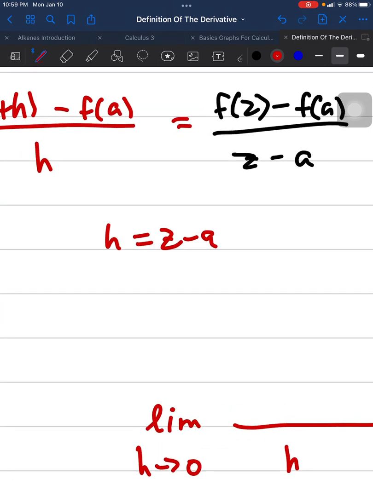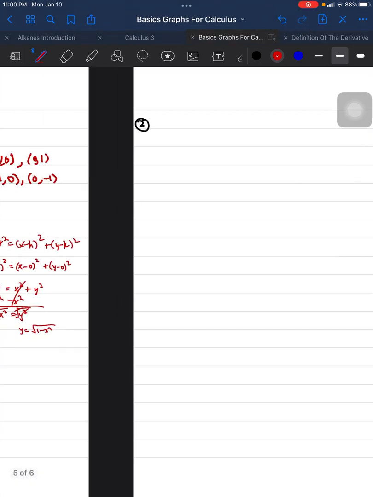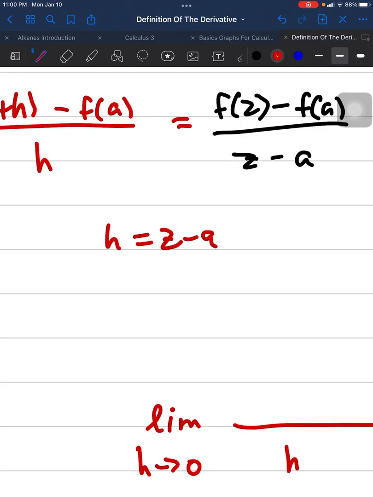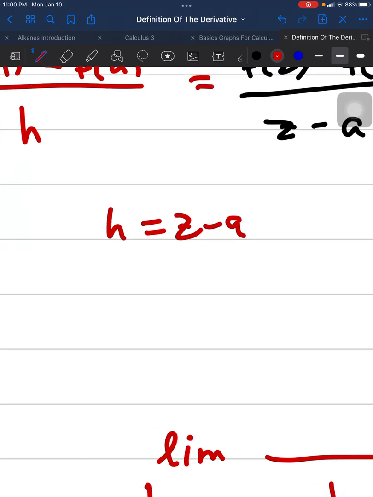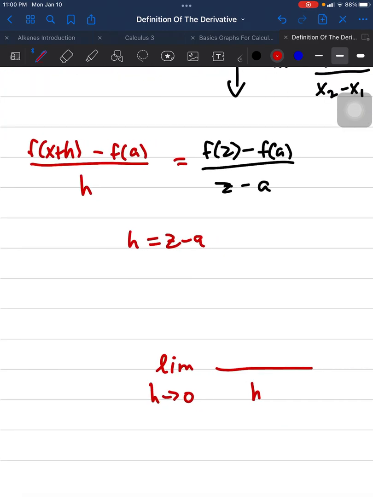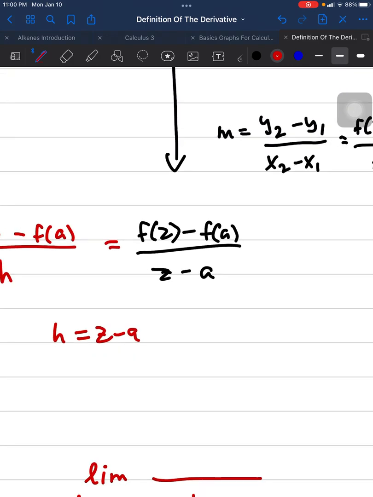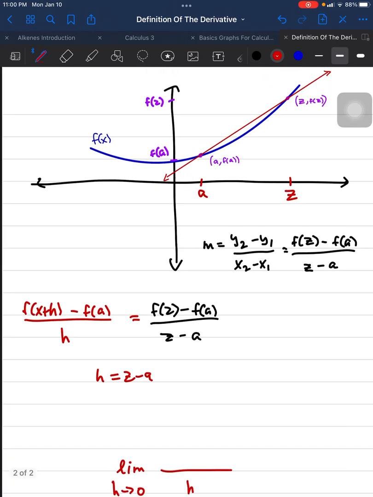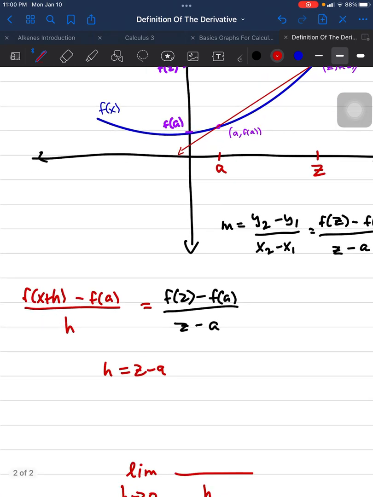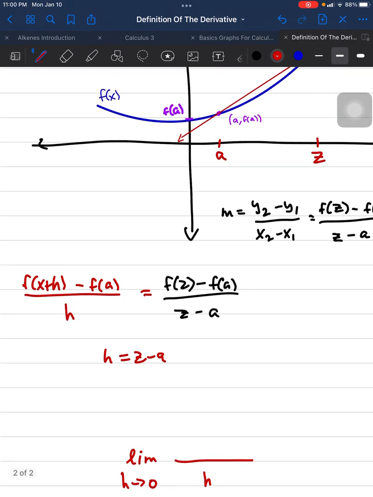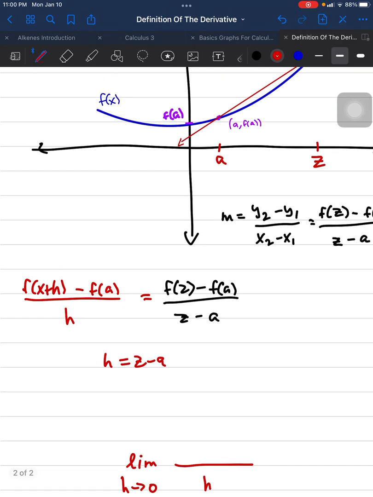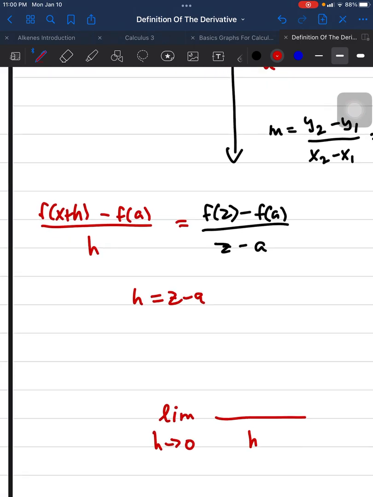All we really have to do is figure out what function goes into the numerator. We just have to solve for z and plug in what we get for z, but we don't plug in anything for f of a, because f of a is just the starting point. We don't really want to mess with the starting point of a certain function.